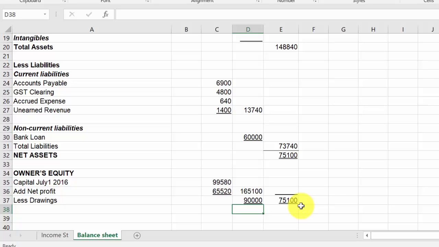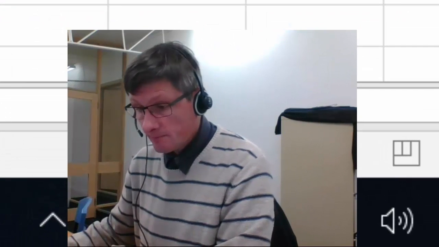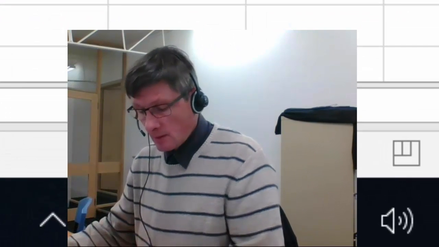So I've got to go through and check all my entries again to make sure I've posted them into the balance sheet and the income statement, and you saw that I found the $1,200 that should be $12,000, and then I was out by a little bit more. So then I looked for that difference. It was $1,400, and it straight away took me to the unearned revenue.